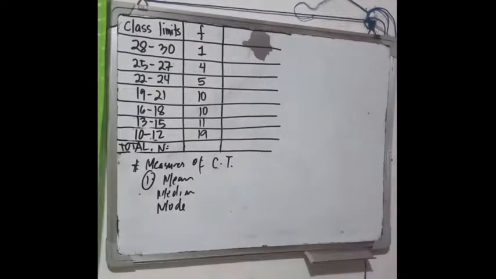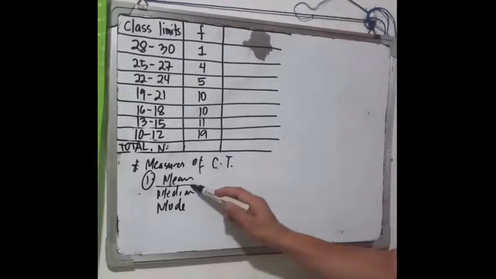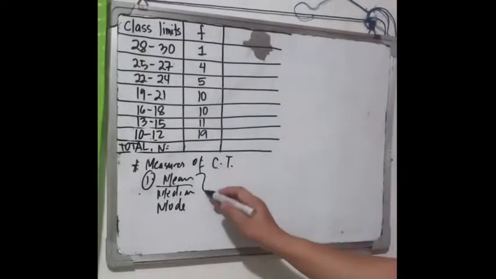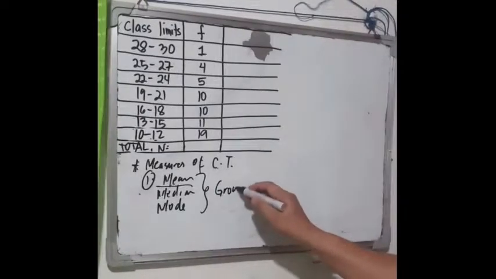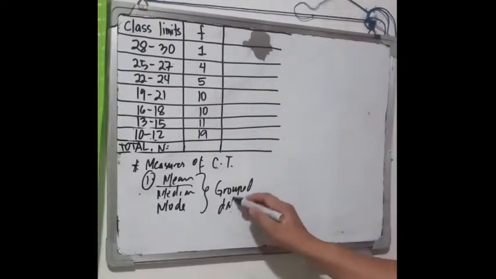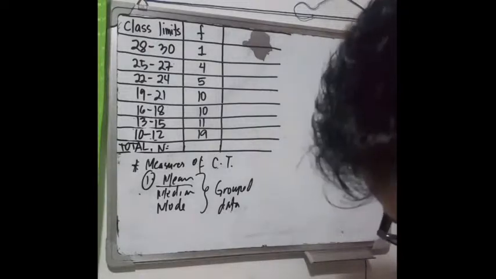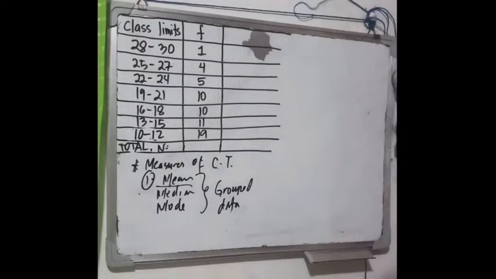So in this video, I will first show the mean, how to solve for the mean of group data. Let's find out the formula on how to solve for the mean of group data.